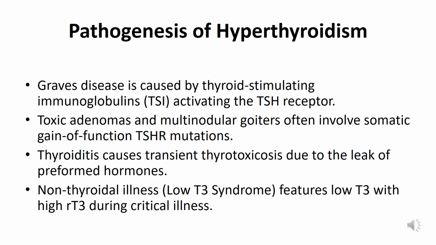Instead, stored hormones simply spill out as thyroid tissue becomes inflamed or damaged. This creates a transient thyrotoxic phase that often resolves once hormone stores become depleted. Because synthesis is not increased, radioactive iodine uptake is typically low in thyroiditis-associated thyrotoxicosis.